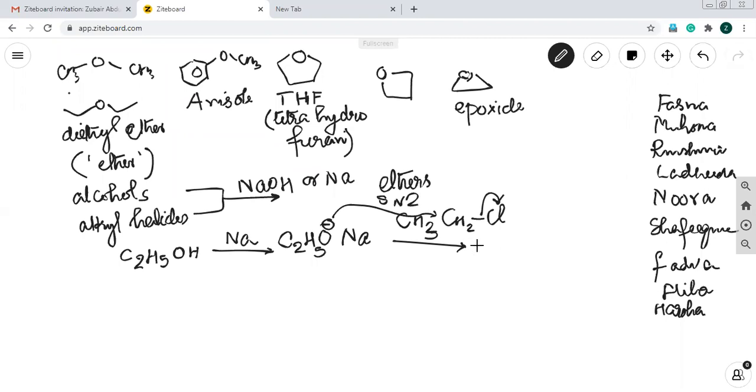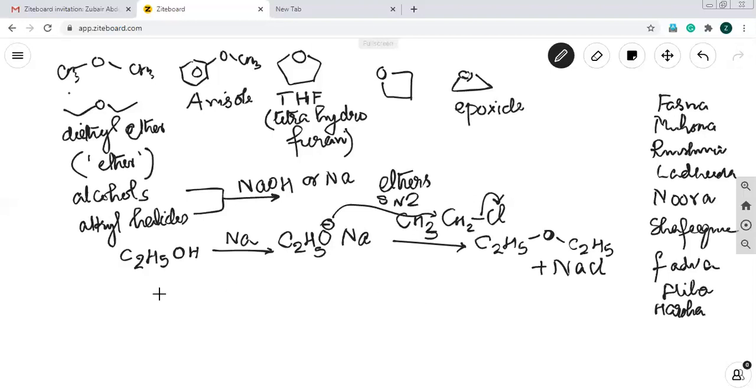What will you get? C2H5OC2H5 plus NaI. So that is the mechanism of the reaction. Okay, so this is how you form it.